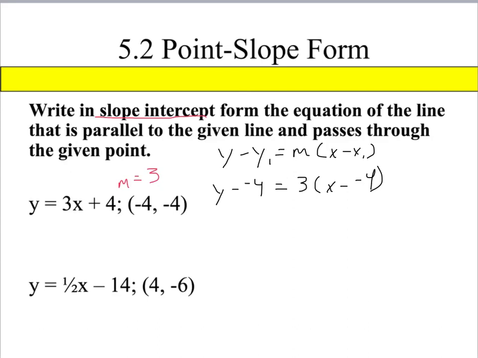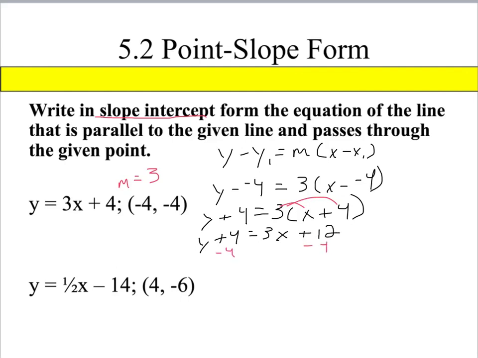Simplify, so now I have y plus 4 is equal to 3 times x plus 4. Distribute this 3. Y plus 4 is equal to 3x plus 12. Subtract 4 on both sides, and y equals 3x plus 8.